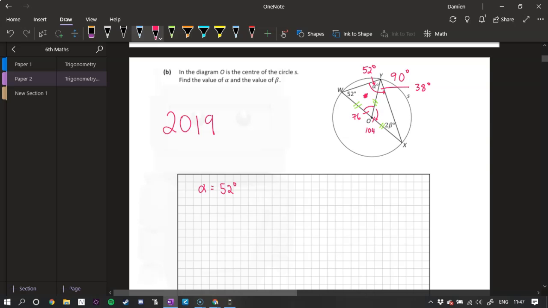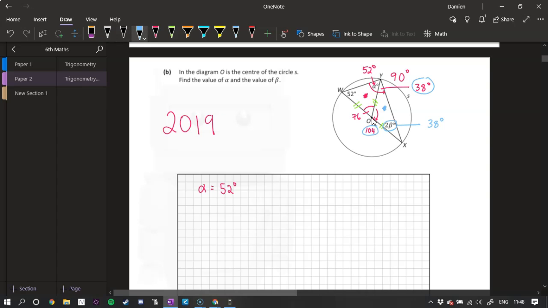So now in the blue triangle, we have 104 degrees in the corner, we have 38 degrees, and then we have 2b. 104 plus 38 gives us 142, which means this angle here, 2b, is going to be 142 from 180, which is 38 degrees.